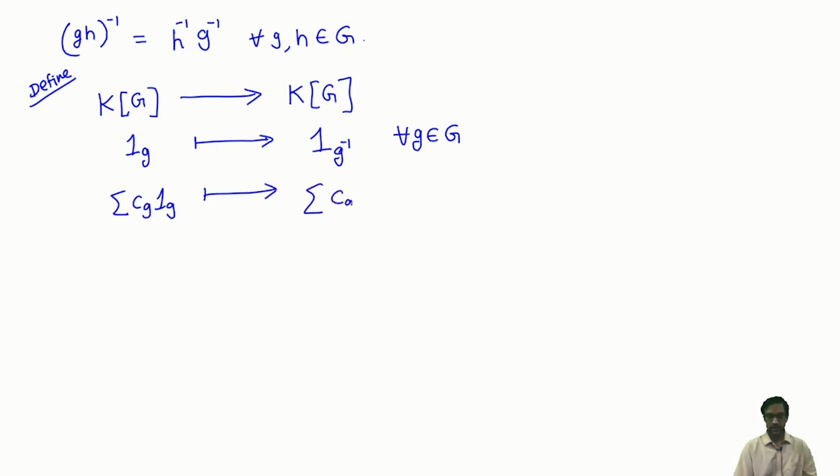It takes this to Cg 1g inverse for all g ranging over the group G. Okay, now the claim is that this map is an isomorphism between Kg and Kg opposite. Sorry, so what's on the other side is I'm thinking of it as the ring Kg op. And I claim is that this map psi is an isomorphism. So let's check all the properties. Claim: psi is a ring isomorphism.